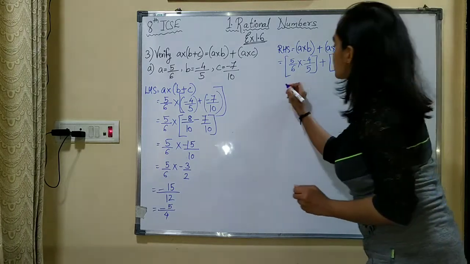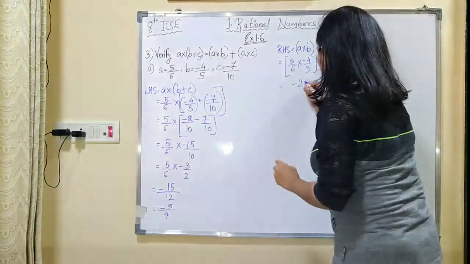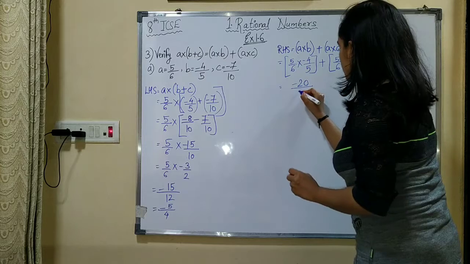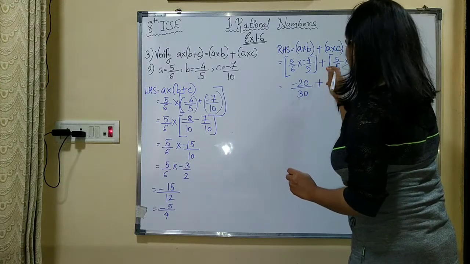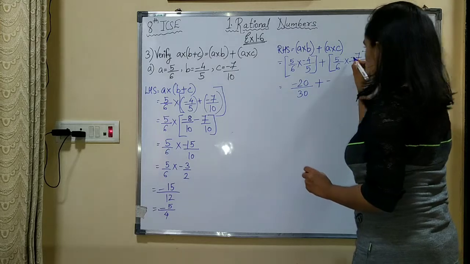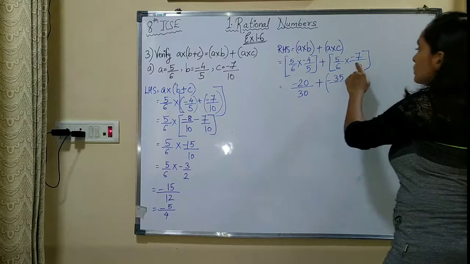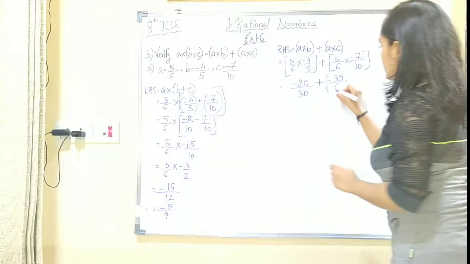Okay. So you will get 5 times 4 is 20, so minus 20 upon 6 times 5 is 30, plus sign, 5 times 7 is 35 and minus sign, so minus 35 upon 6 times 10 is 60.